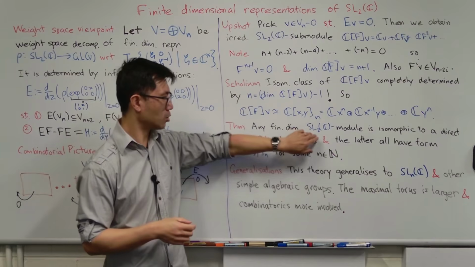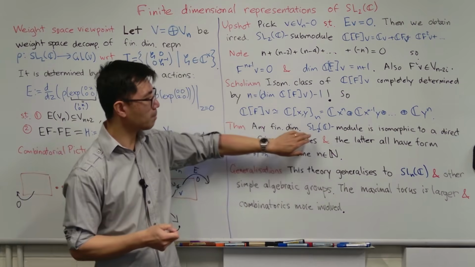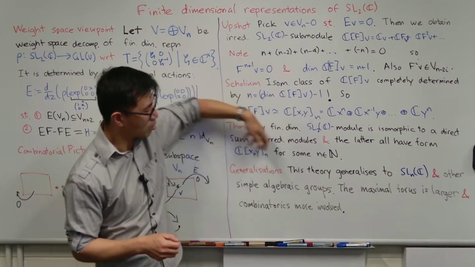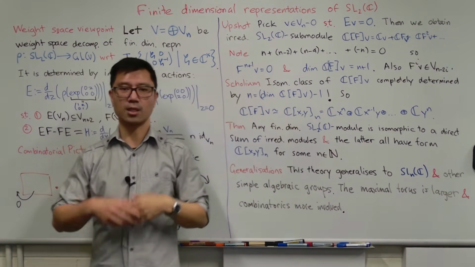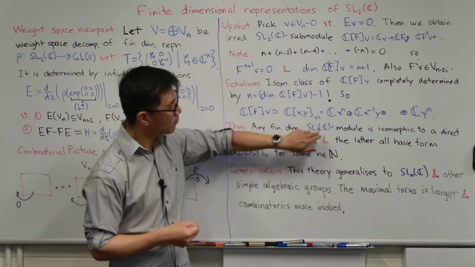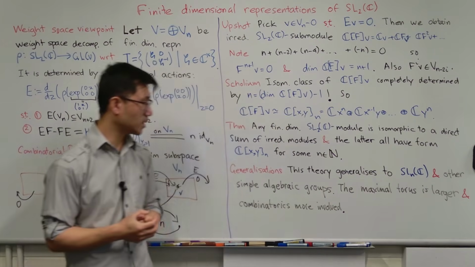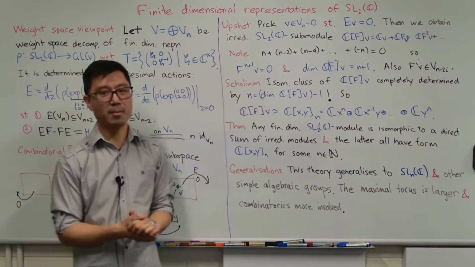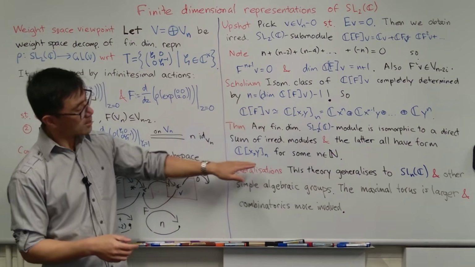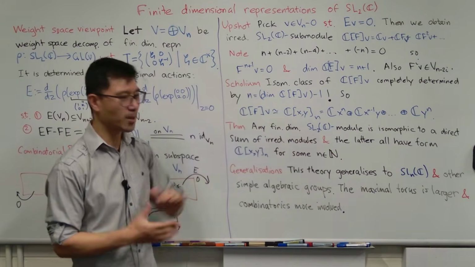And so you can show that if you look at SU2 submodules, then you always have what's called semi-simplicity, this decomposition into irreducible modules. And then you can lift to SL2C by using what's called the Weyl unitarian trick. Unfortunately I can't say more about that, but this is the standard theory in Lie groups. So that really sums up the final word on representations of SL2C, at least the finite dimensional ones.